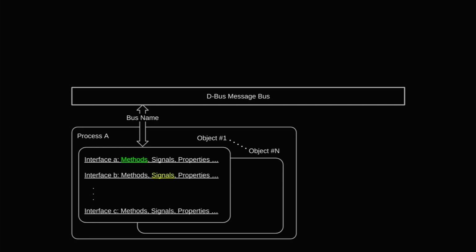Now we have a D-Bus message bus in the center again, and the process A acts like a D-Bus server side process. It connects to the message bus with the bus name, and process A has some objects, and each object has some interfaces, and the interface has some methods, signals, and properties.